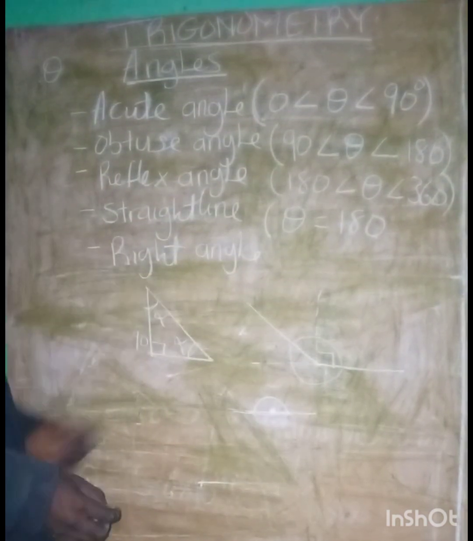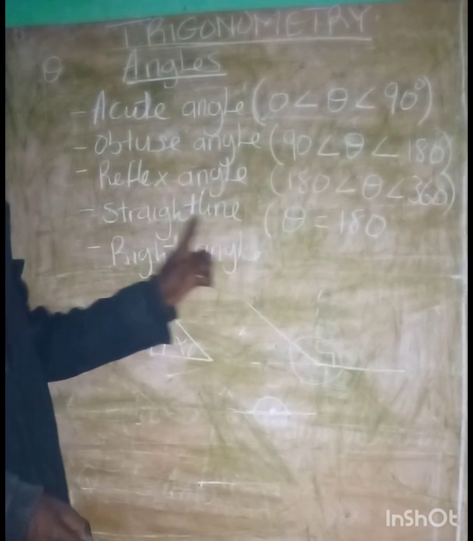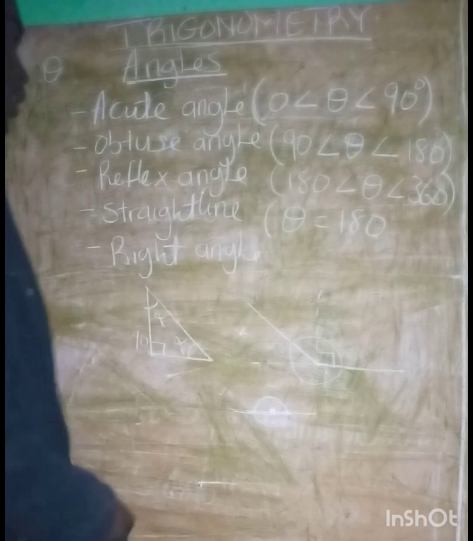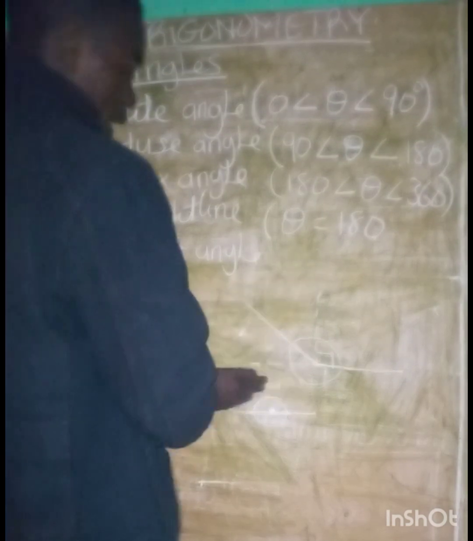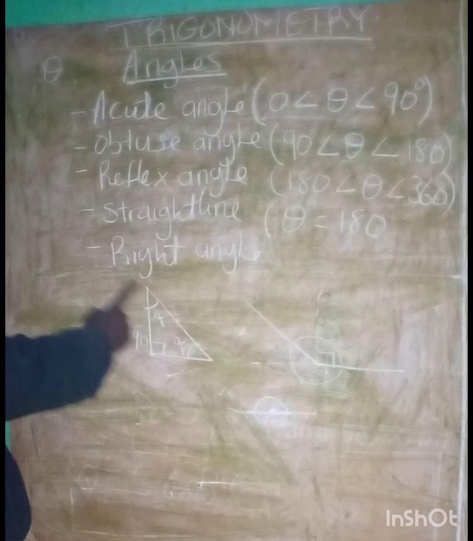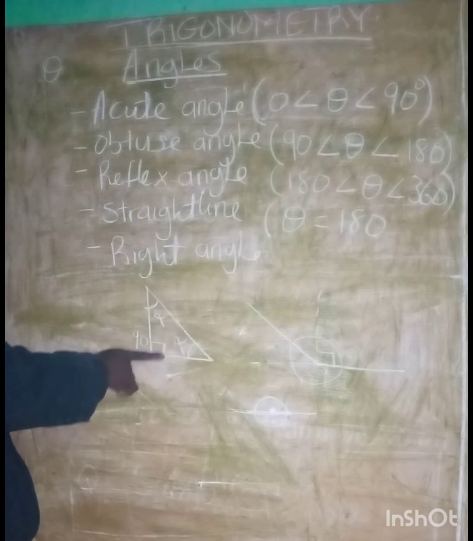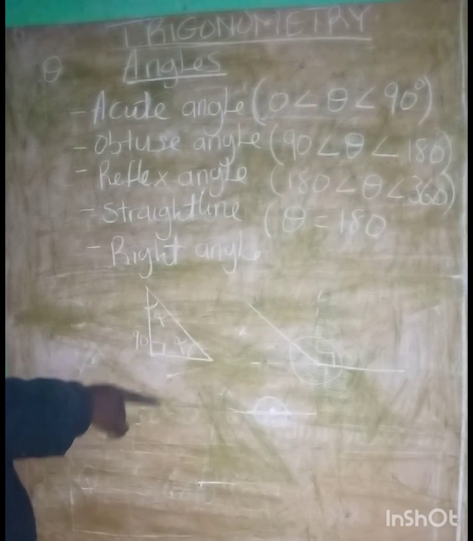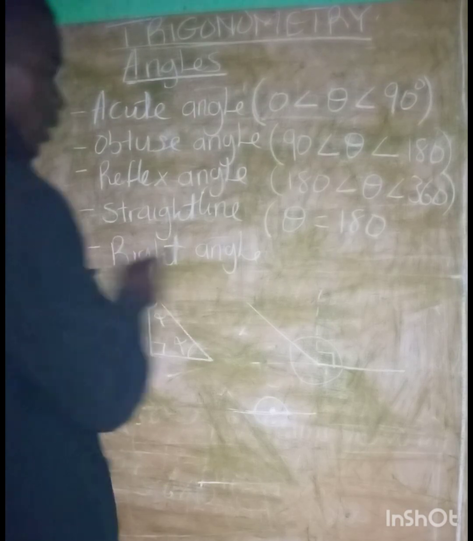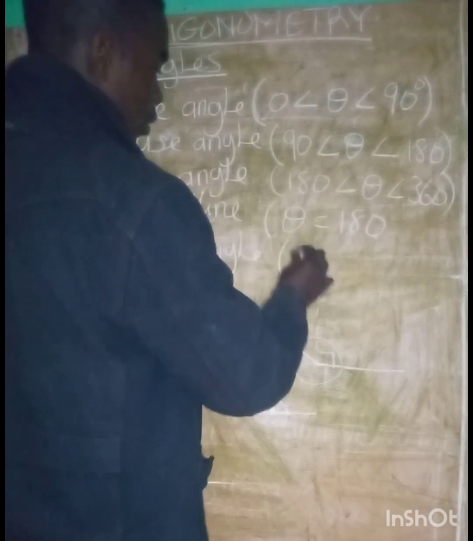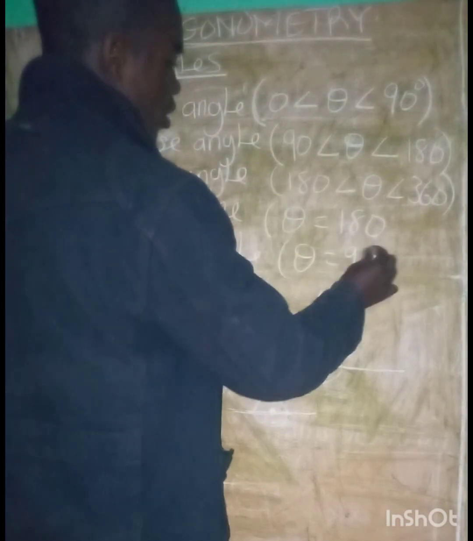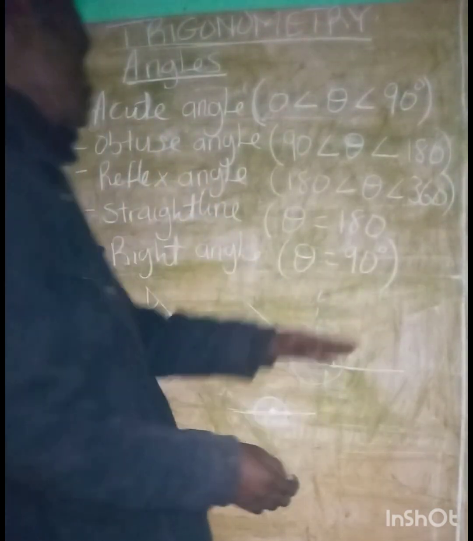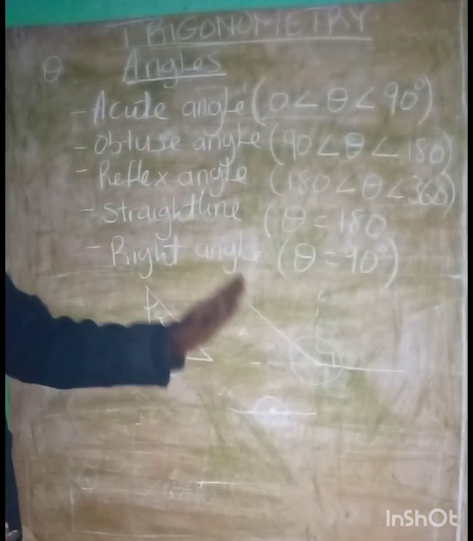So that's the straight line angle. Then you have the right angle. Like I said, if this is your right angle triangle, this side is 90 degrees, and this is the angle that is called the right angle. So the right angle is such that theta is equal to 90 degrees. That's how the right angle is defined.